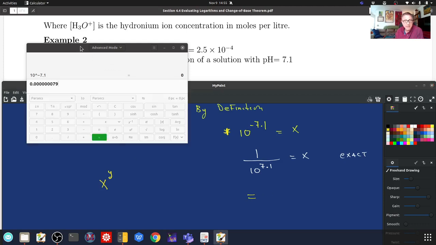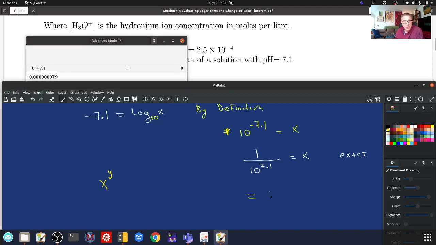And in scientific notation, how many zeros do I have there? 1, 2, 3, 4, 5, 6, 7, with the 7, 9.